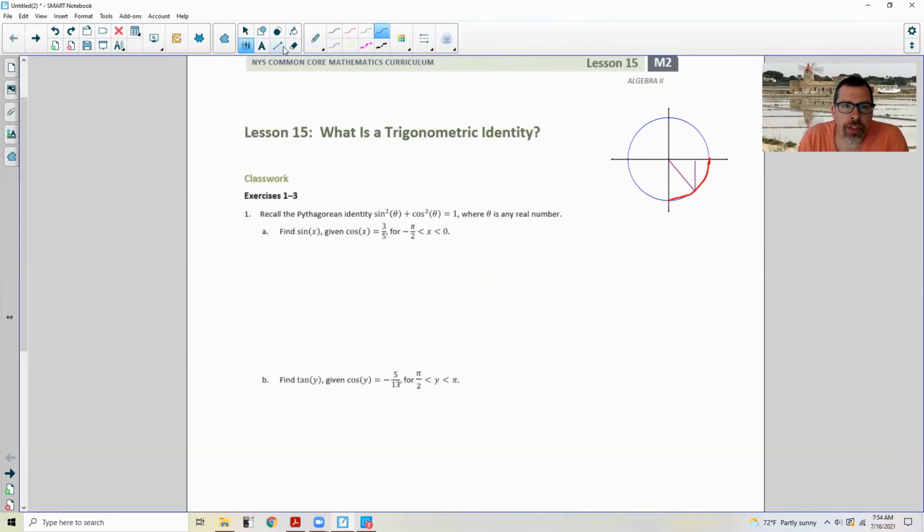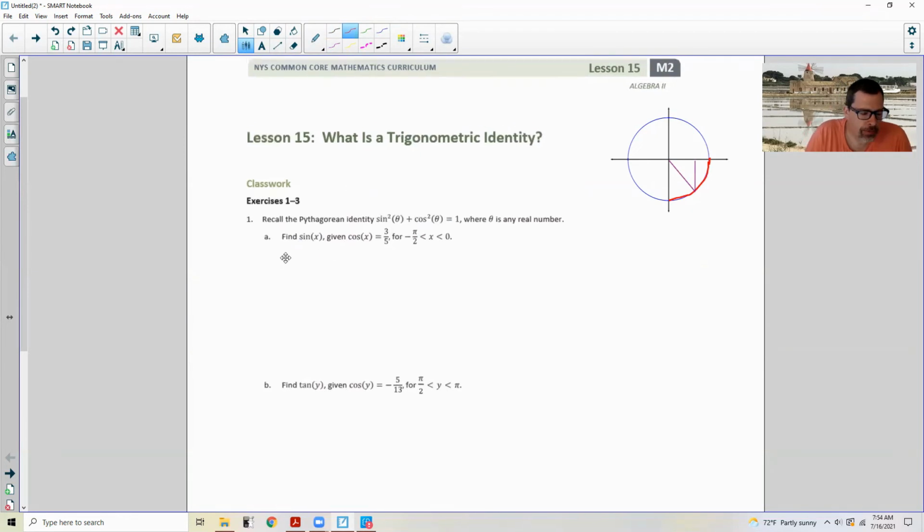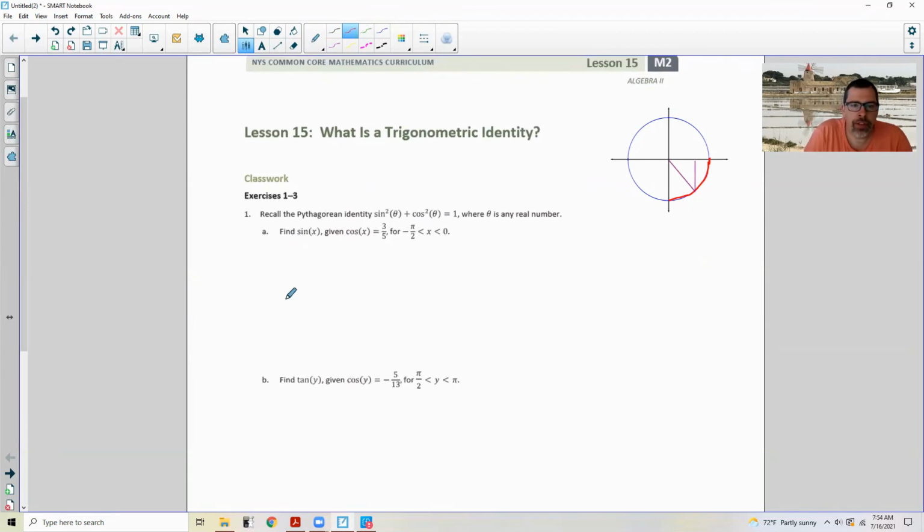But to solve this algebraically, all we have to do is write the formula. We're given a formula. Sine squared theta plus cosine squared theta equals 1. It says to find the sine of x.